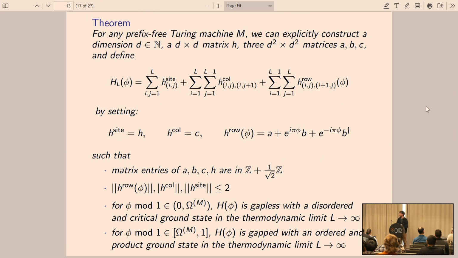And then for phi mod 1 greater than or equal to Chaitin's constant, the system's going to be in a gapped phase with an ordered and product ground state in the thermodynamic limit. So again, this same order parameter for the unique ground state is going to give an expectation value of 1.